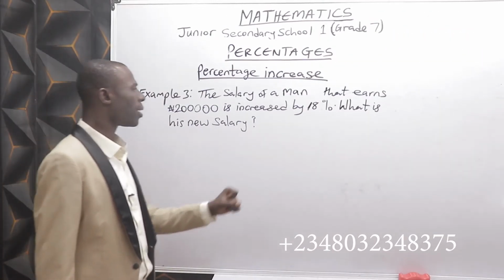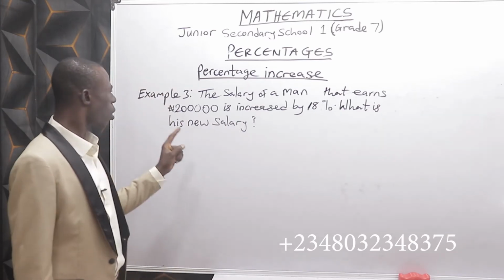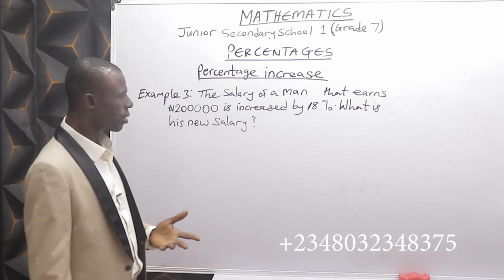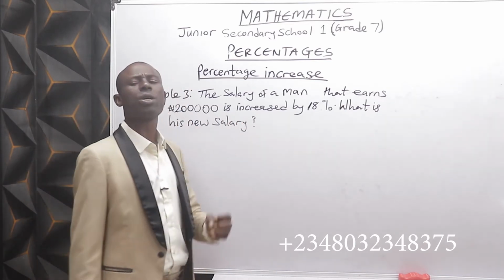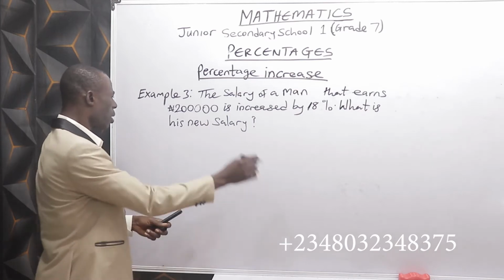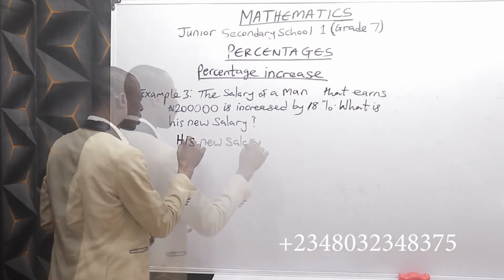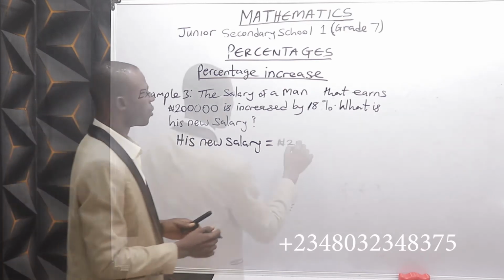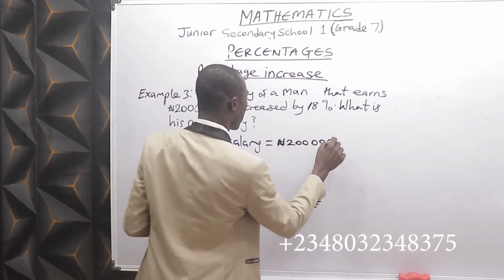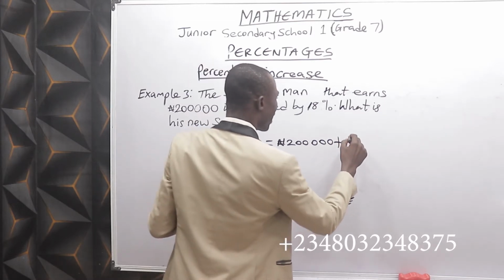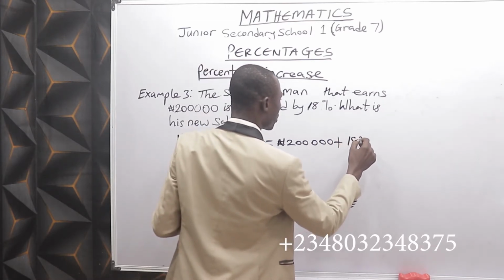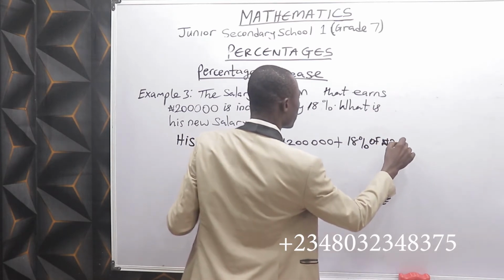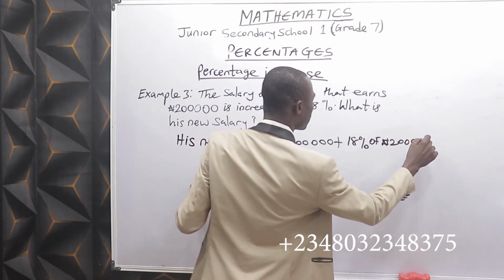We come to example 3. The salary of a man that earns 200,000 is increased by 18%. What is his new salary? His new salary will be, I want to use the second method in this, 200,000 naira plus 18% of 200,000 naira.